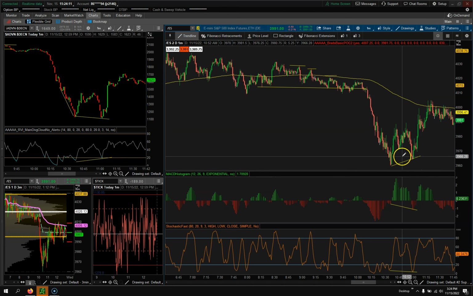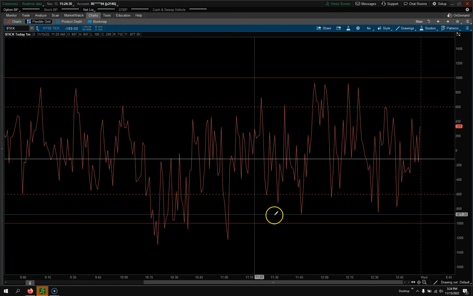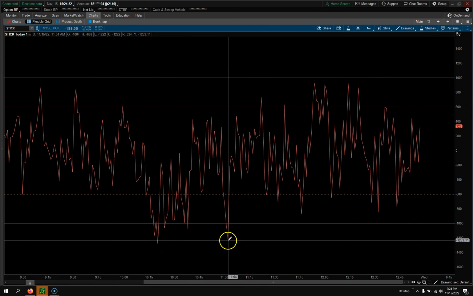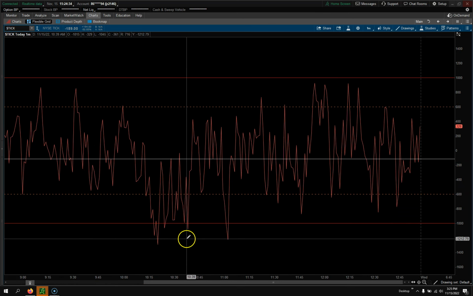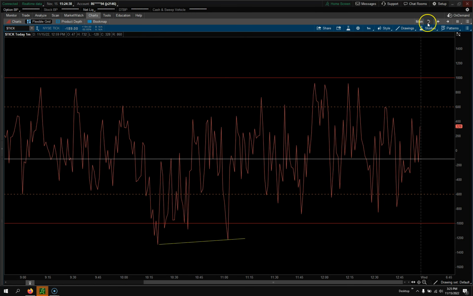Now, with that being said, let's take a look at our ticks. What was happening right around the 1105 time period? If we come over here, we could see at 1105, we were making a higher low.